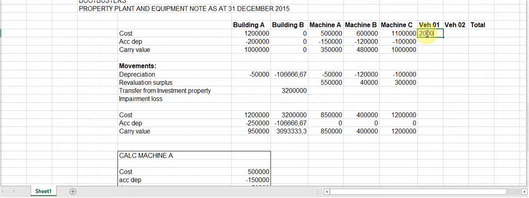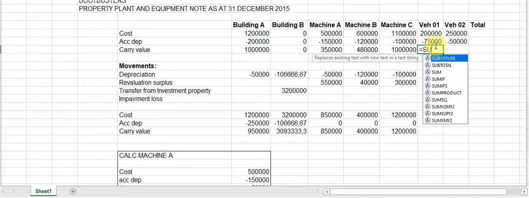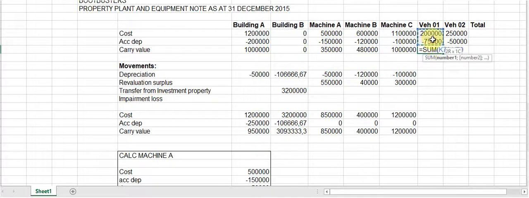It's 200,000. And the accumulated was 75,000 at the beginning of the year. For vehicle 02, it's 250,000 Rand cost. If we look at the accumulated depreciation, it was 50,000. So the opening will just be the difference between the two.